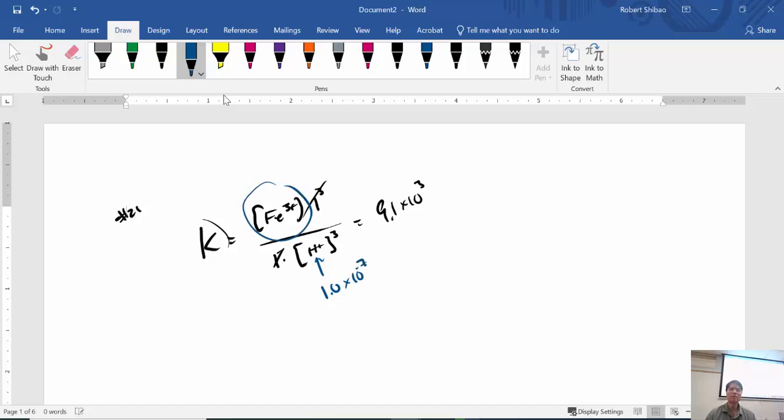And so the only unknown is the Fe3+. So we just solve for this. So we don't even have to set up an ice table. I mean, we have enough information to solve it. But most problems we will set up an ice table to figure it out.